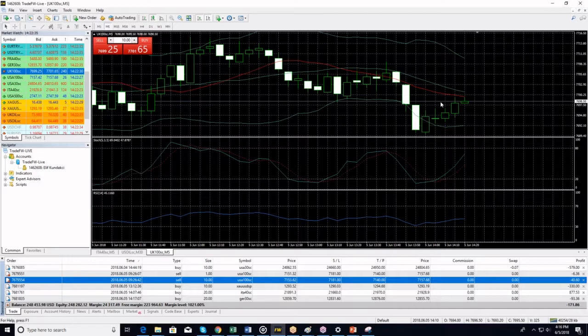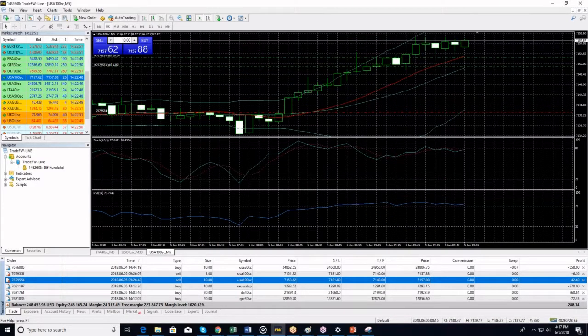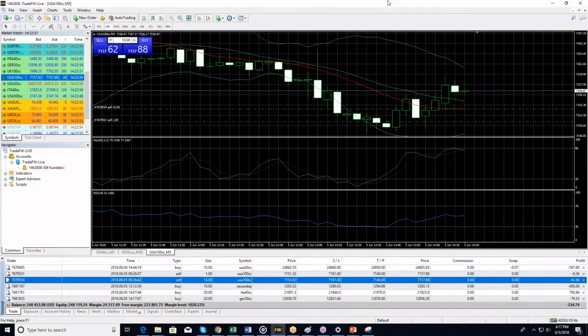So I'm expecting it to reach my level, so I can close the position with the minimum loss. I don't have a big loss on it, but since this morning it's been very ranging and not really moving as I want it to go.